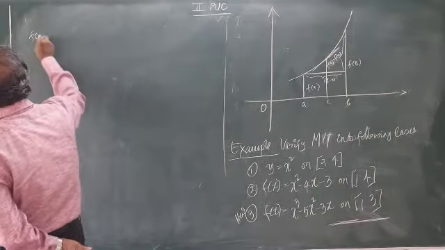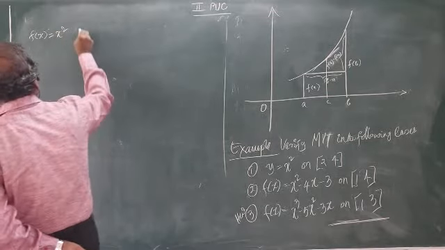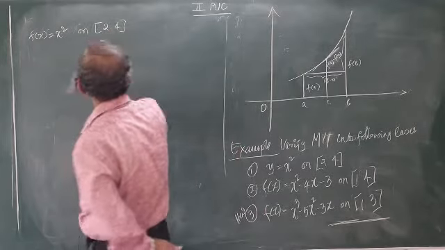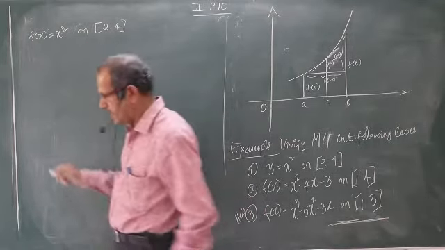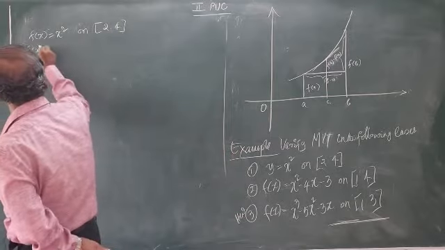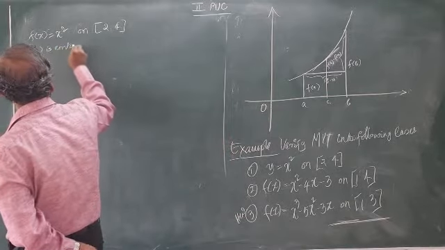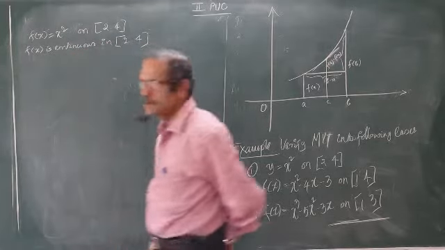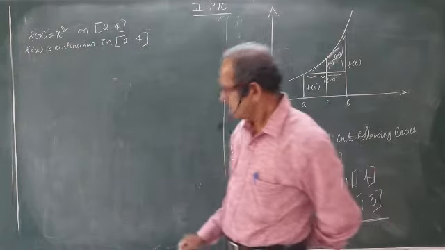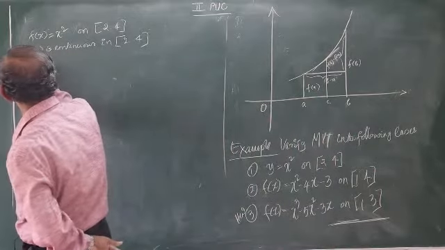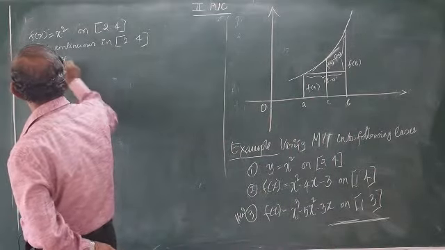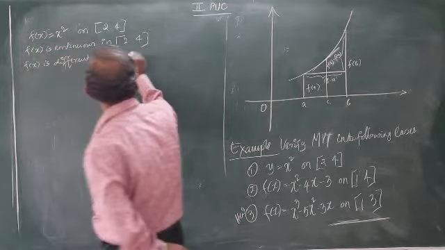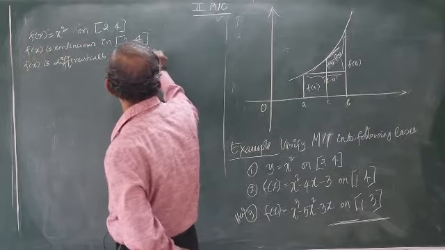So, f of x equal to x square on 2, 4. Clearly f of x is continuous in 2, 4. Differentiable in the open interval 2, 4.